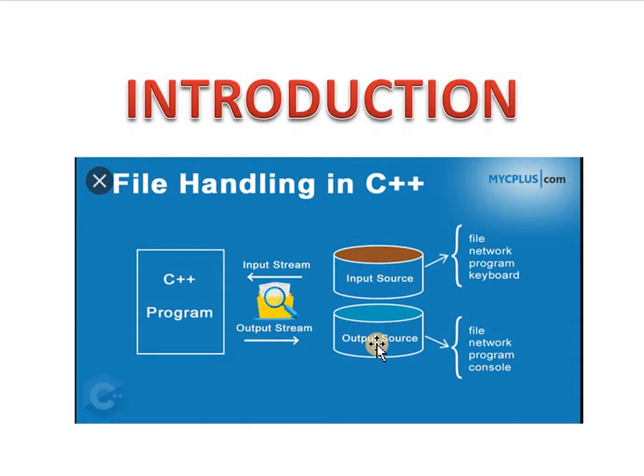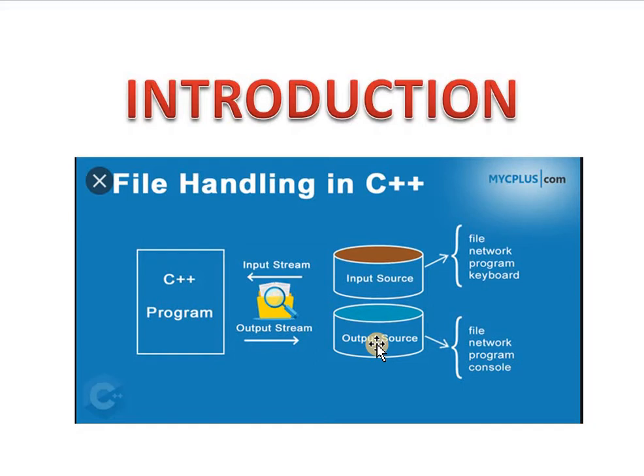In C++, there are different file handling classes present, for example ifstream, ofstream and fstream. These are the three types of file handling classes present in the C++ language. By using these, we can perform different operations on that particular file data.